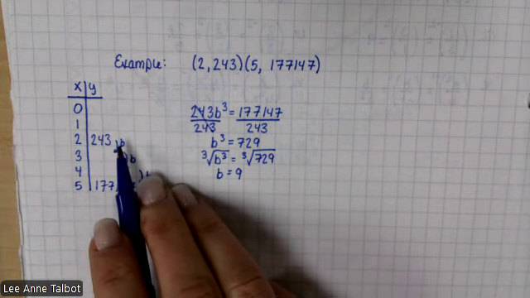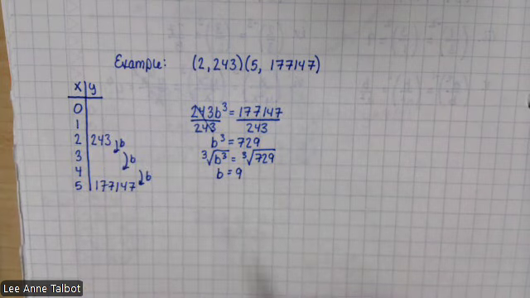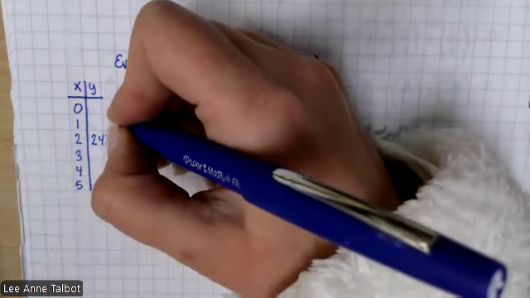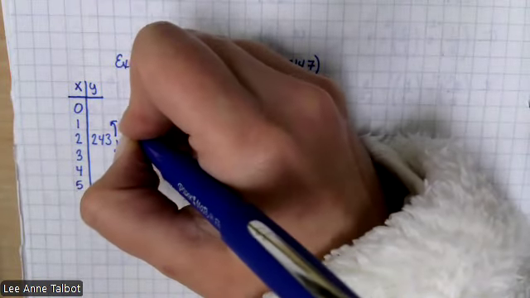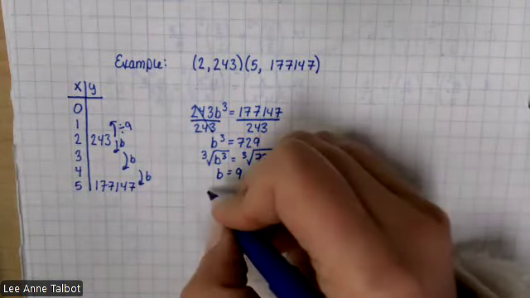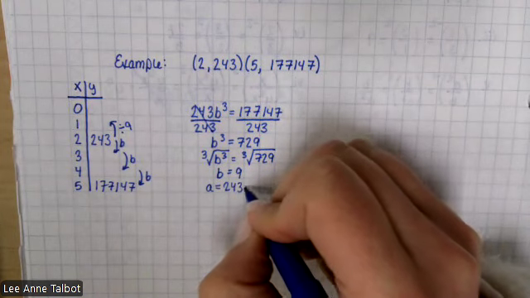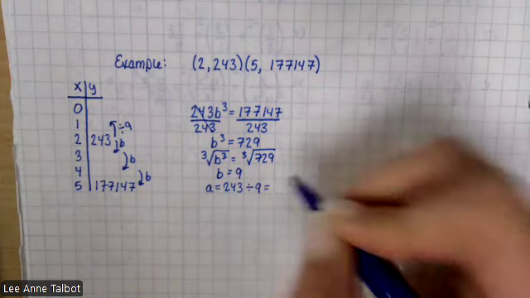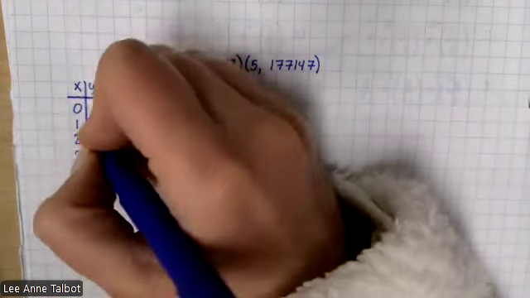Okay, now we have b is 9. This is what makes this problem extra spicy. You have to work backwards to find A. So divide by 9 to go backwards up the table. So 243 divided by 9 is 27.